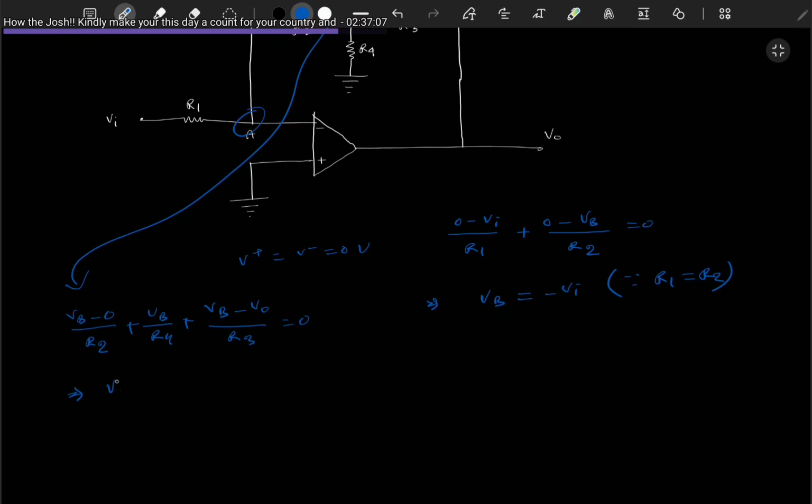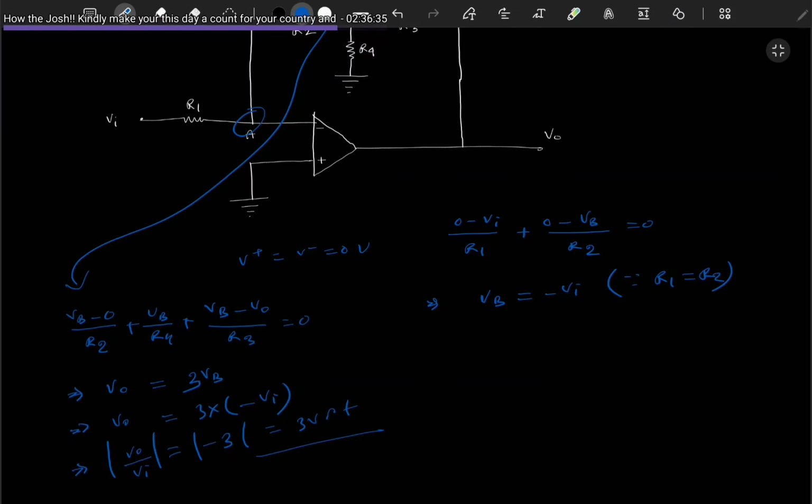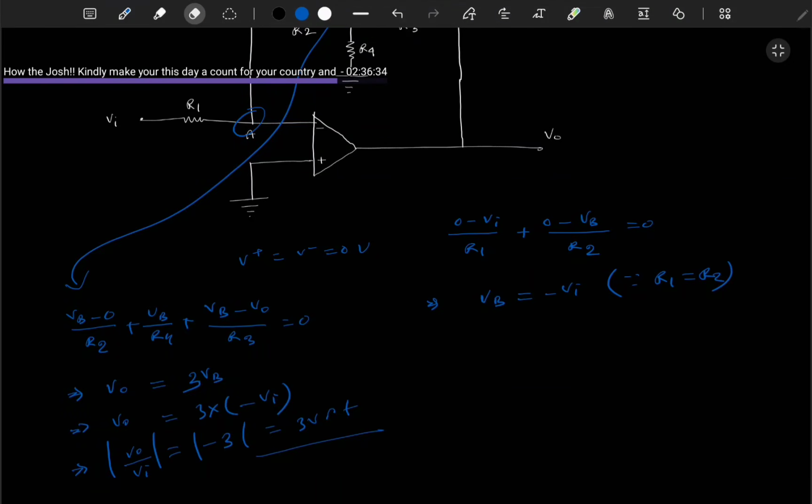Now what will happen, VO equal to 3 VB, and VO equal to 3 into minus of VI, so VO by VI equal to minus 3, the magnitude will be 3. Sorry, it is unitless because it is voltage by voltage, so this is the answer.